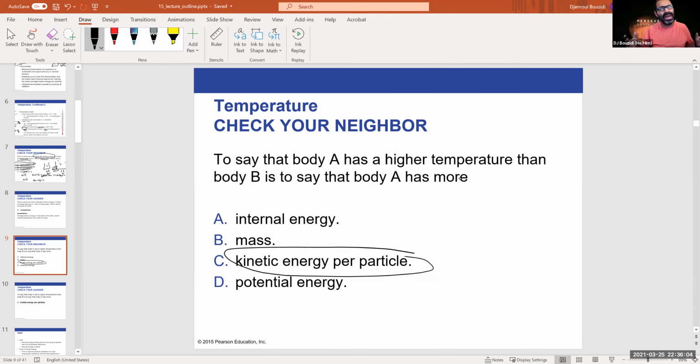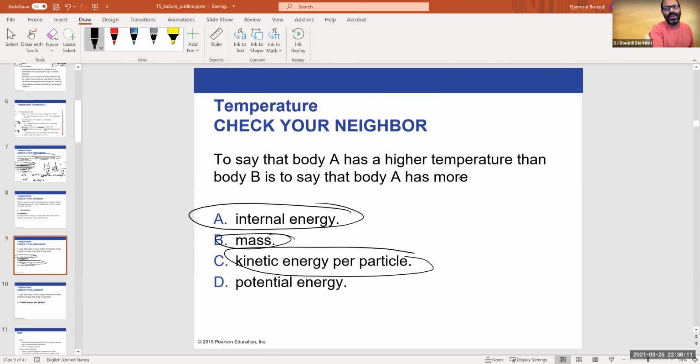The bathtub will have more internal energy because there is more of it, and it has more mass. Comparing them has no meaning on its own because it needs an interaction between two things to mean something, okay?